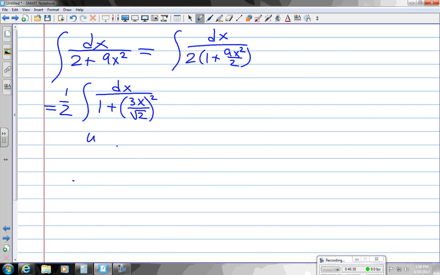So let u equal 3x over the square root of 2, then du is just 3 over square root of 2 dx. Right? So that means dx equals square root of 2 over 3 times du.